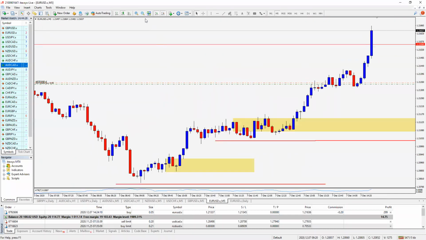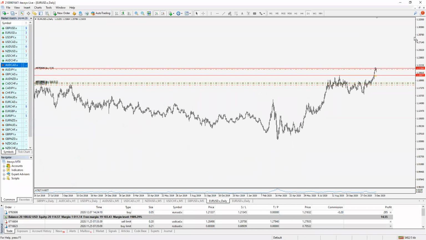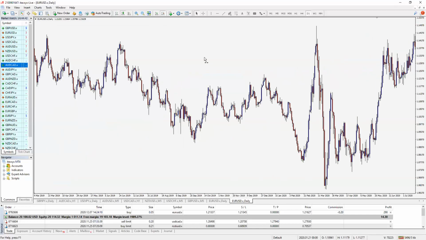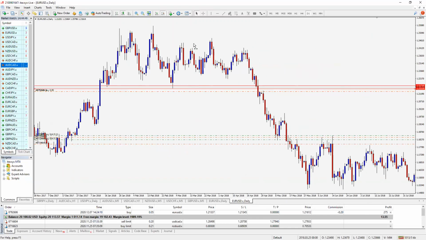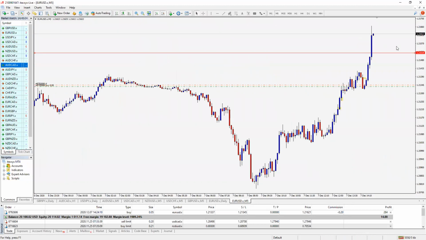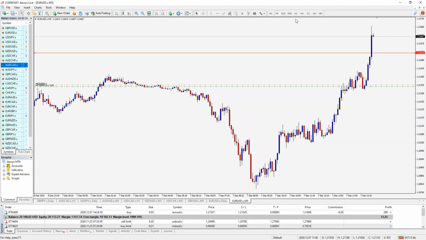I think I had it here. Yeah, that's a long shot, but that's a possible scenario.